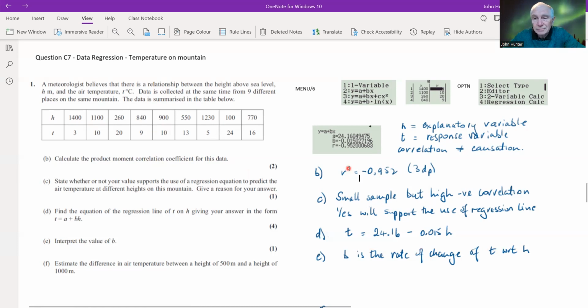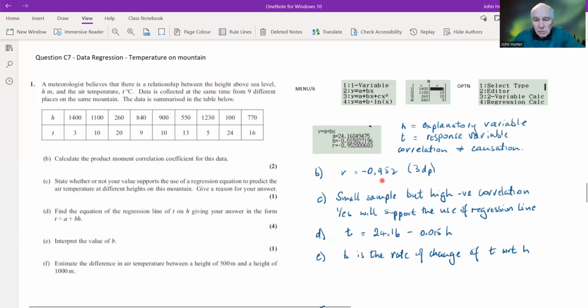Without referring back to that, I think we could probably see that it is. In fact, if you were to check the table, you would see that it's significant even if we use quite a stringent significance level, if our criteria are quite harsh. So yes, it's a small sample but a high negative correlation, and it will support the use of a regression line.